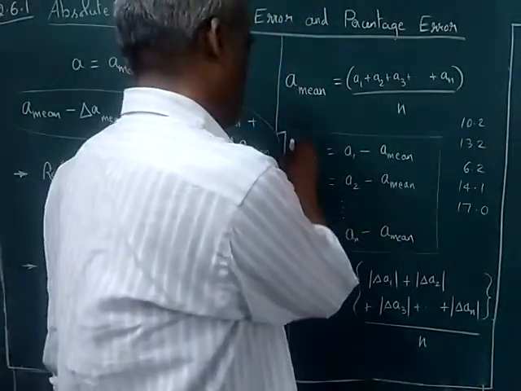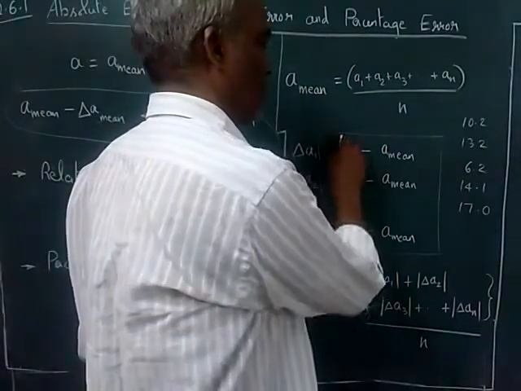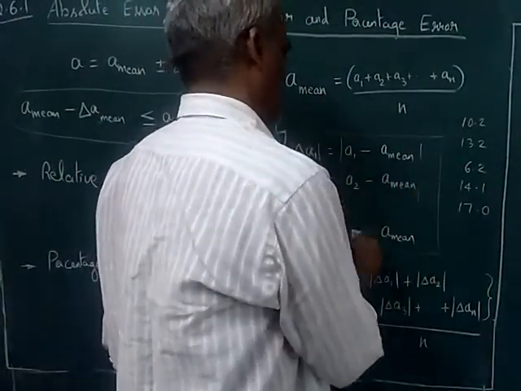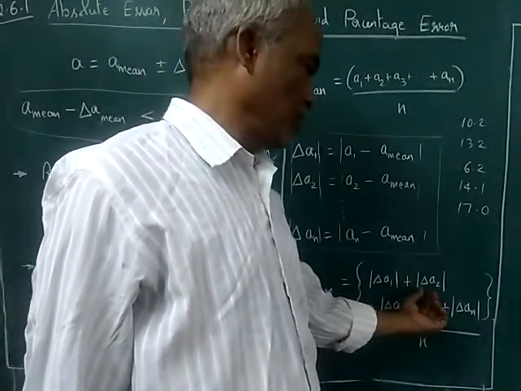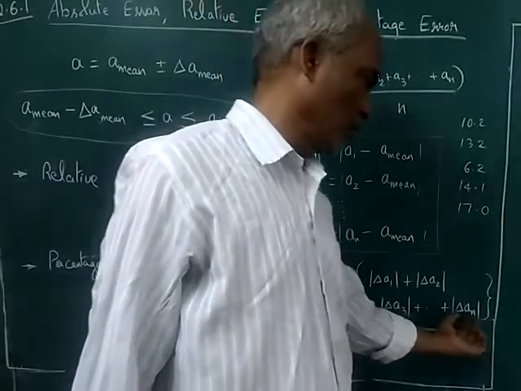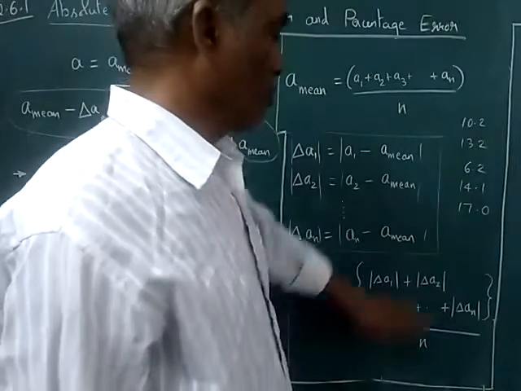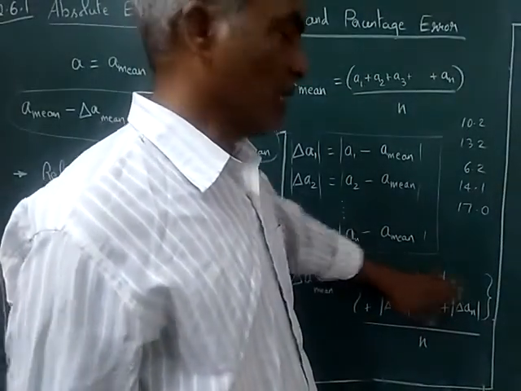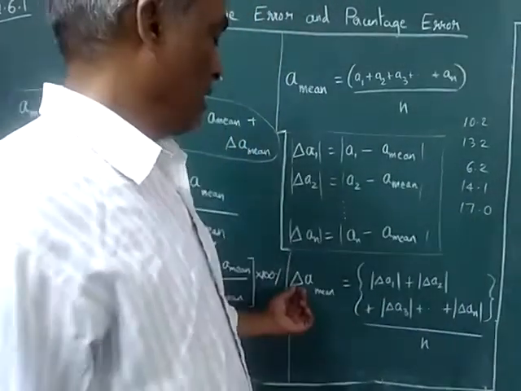So you take the magnitude of del A1 plus magnitude of del A2, and likewise up to magnitude of del AN. Those values are added together and divided by n. That will give you del A mean.